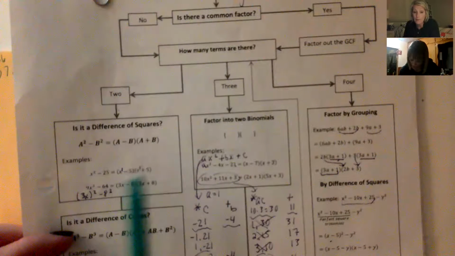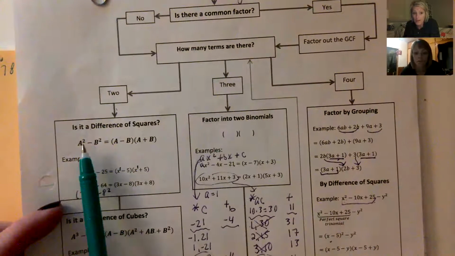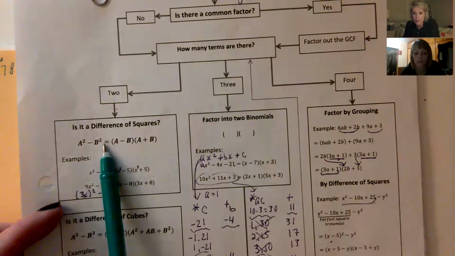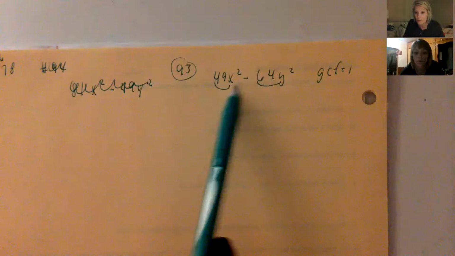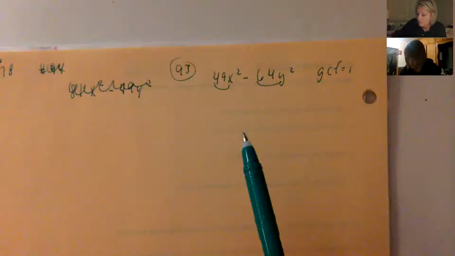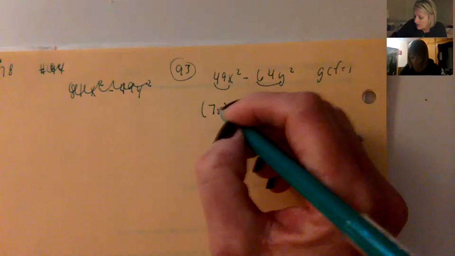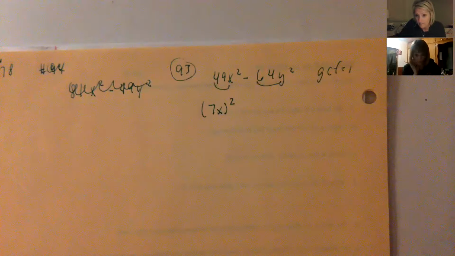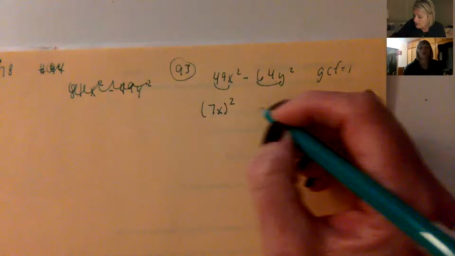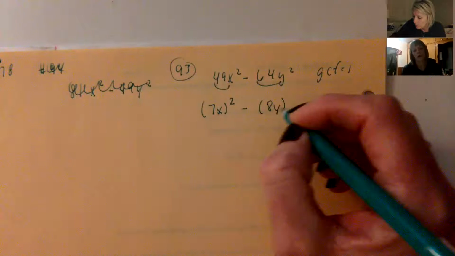I want you to be able to tell me why this is the only one that's possible. That's because it's a subtraction and because we have X squared and Y squared. So we need to see, can we make 49 into something squared? We can. So we can rewrite this as 7X, the whole thing squared. And I can also do the same with 64. I can write that whole thing as 8Y, the whole thing squared.